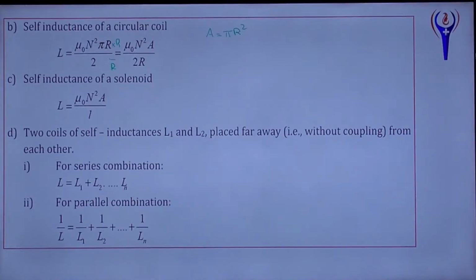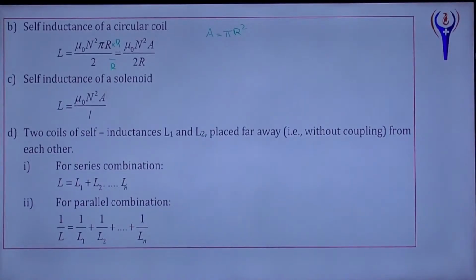Two coils of self-inductance when connected in series and parallel, just like resistance. For series combination, L equal to L1 plus L2 plus up to Ln, same as resistors, where R equal to R1 plus R2 plus R3.